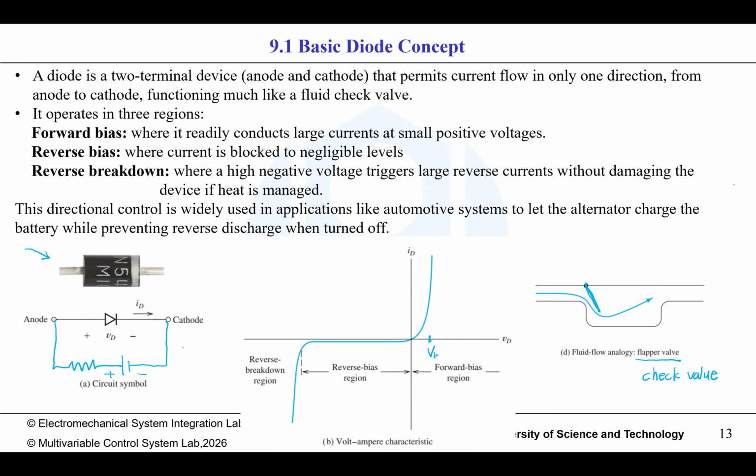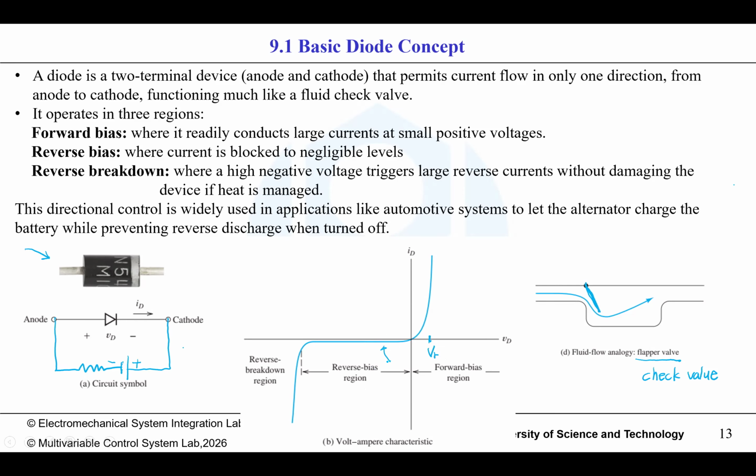If you apply a negative voltage to a diode, this is positive, negative, then you apply a negative voltage to this diode. We call it functioning in the reverse bias region. You can notice that the current is negative, because this is the current here.